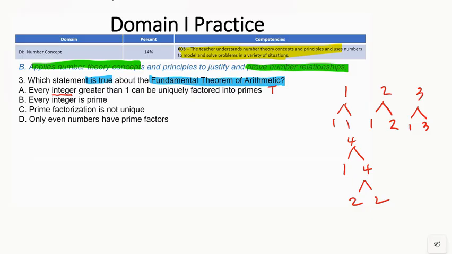Now, the next one is every integer. So this looks like true. Every integer is a prime number.